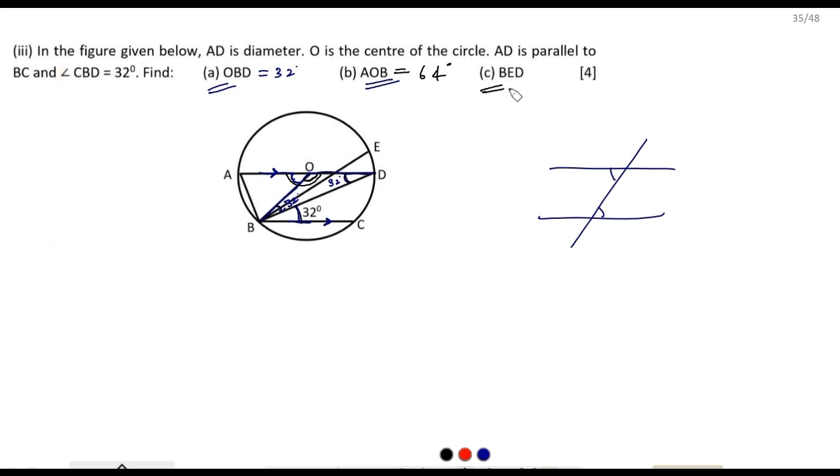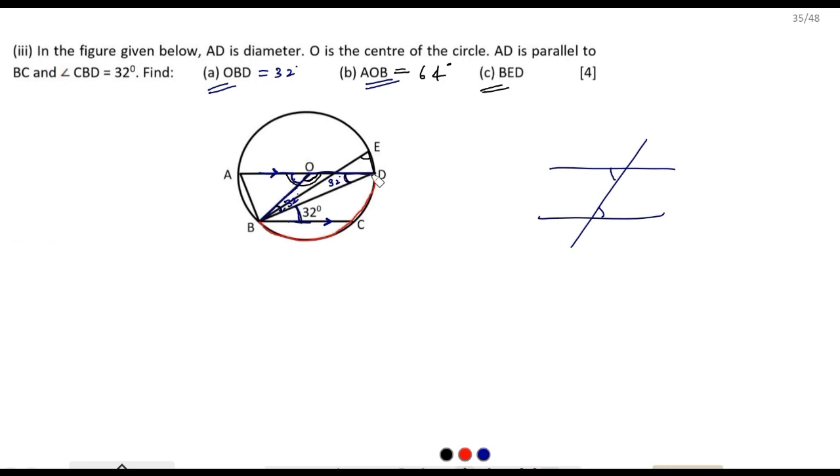Now we have to find angle BED. This angle. Now we are considering the arc BD.